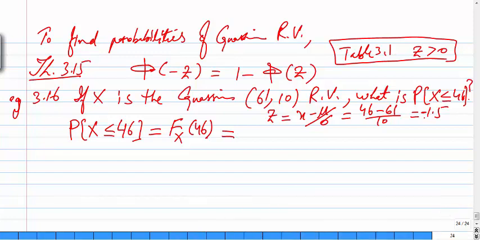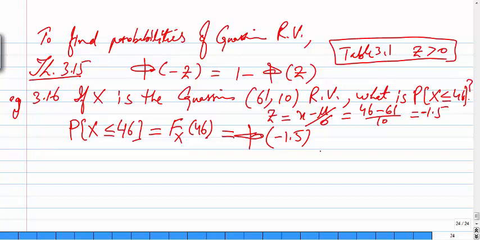Now that's why we can't calculate directly, so we need this theorem. So it becomes phi of minus 1.5. Okay, so we get the same result as in the previous example, that is minus 1.5.